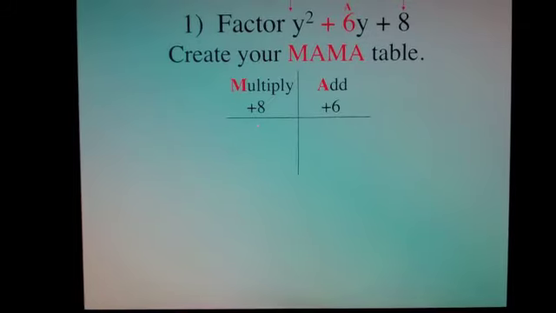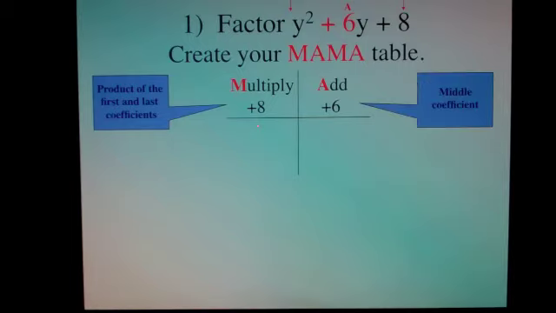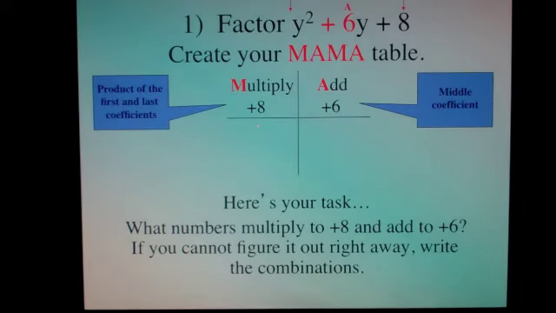Well, we're going to multiply in the first column to get a product of the first and last coefficient, and then we're going to add in the next column numbers that will total our middle coefficient, which was 6. So you've got to find the numbers that multiply to give you plus 8, but when added together give you plus 6. Now, if you can't figure it out right away, that's okay. We're going to write down combinations and test them. It's very direct.